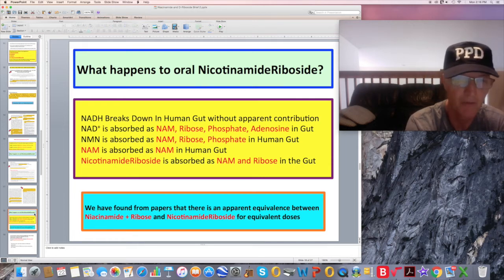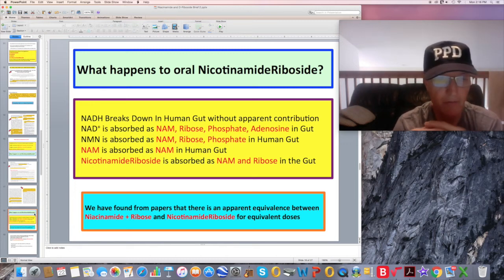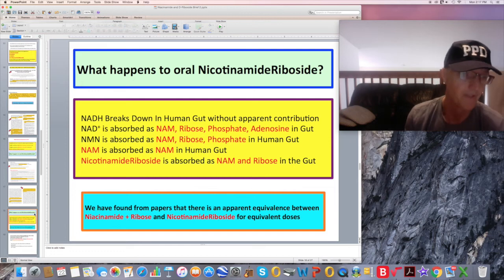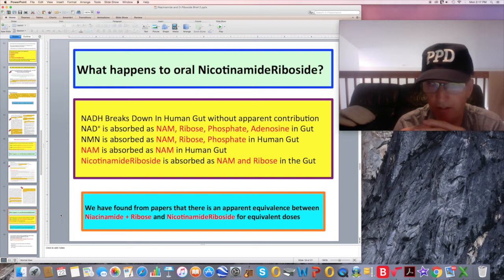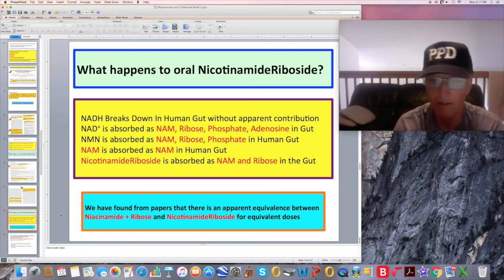It says here, summary, that nicotinamide riboside is absorbed as niacinamide and ribose in the gut. So we have found from the papers that there's an apparent equivalence between niacinamide plus ribose and nicotinamide riboside in the intestine if you make sure that the doses are equivalent.